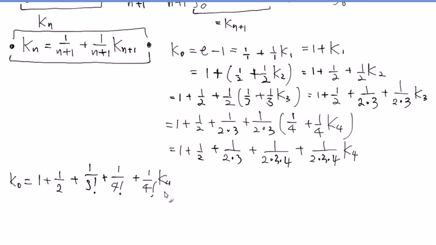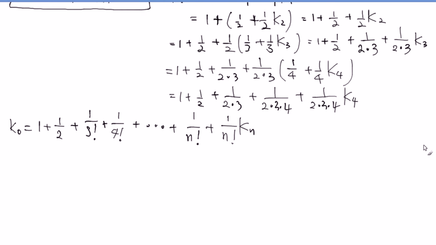Like that. But let's just go on and see if you can write down what the nth shape looks like. If you reach the end, it's 1 over n factorial, and right next to it is exactly the same number, so it's 1 over n factorial Kn. That's how it ends. So what is K0?